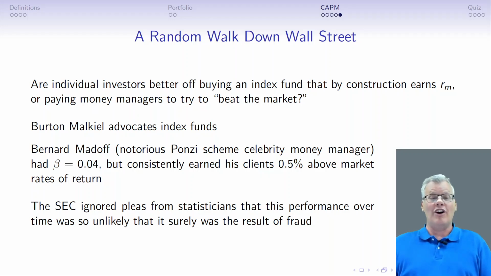And of course they were, but Verbeek was telling in his text that the Securities and Exchange Commission ignored for several years these pleas to investigate Madoff, that something fishy was going on. So anyway, CAPM, you can't flout CAPM. That's the moral of the story.